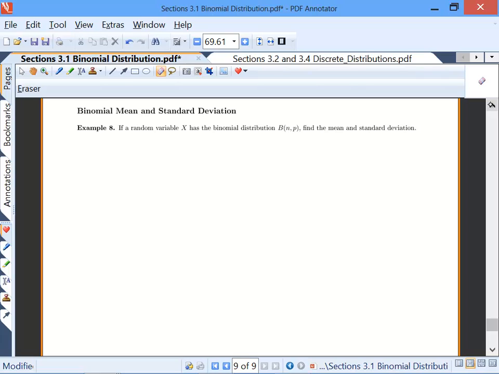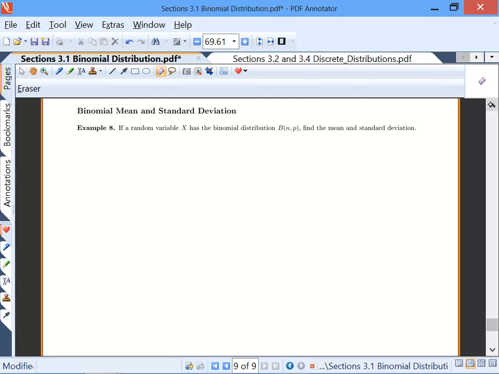So for example 8, if a random variable x has the binomial distribution with n and p, find the mean and standard deviation. So what we're going to do here is remember the things we learned about the Bernoulli distribution.